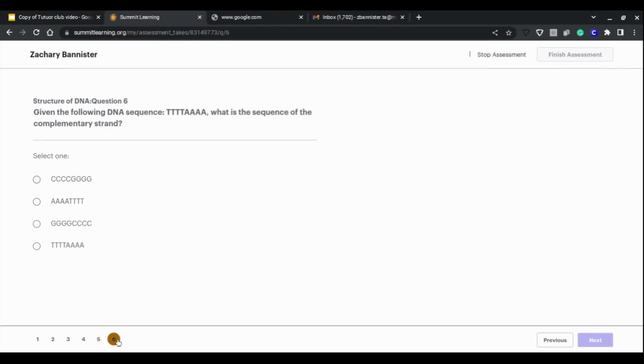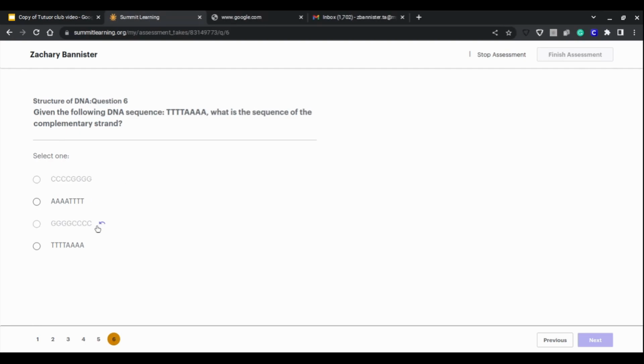Given the following sequence, TTT-AAA, which sequence is a complementary strand? Well, first remember, complementary pairing is always A to T, C to G, right? So that means it's already not going to be C or G. Those do not pair with T or A. I'm going to eliminate those right off the bat.